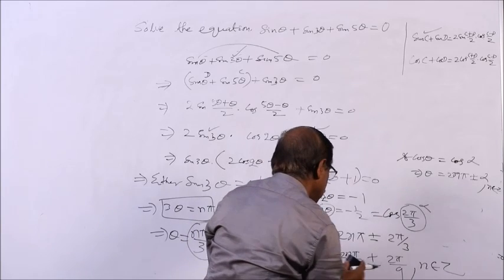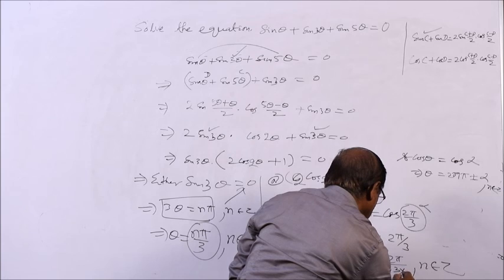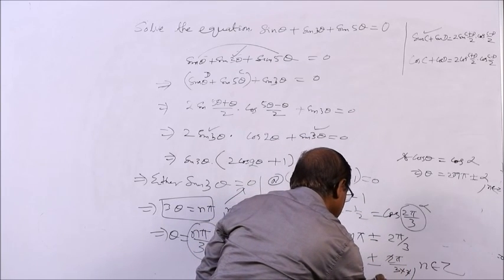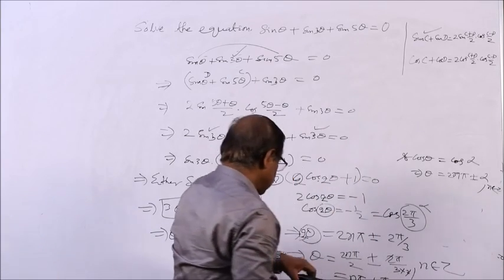By 2, this will be 2 pi by 3 into 2, so this 2 goes, and this will be n pi plus or minus pi by 3, n belongs to Z.